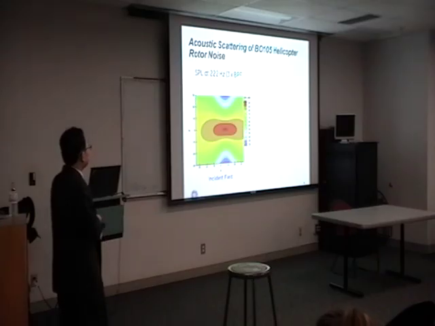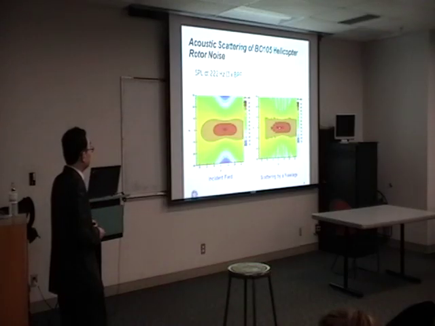This is the sound pressure level at 3 times the tail rotor blade passing frequency. For simplicity of the problem, I'm going to show you only the tail rotor problem. This black solid line is the projection of the tail rotor. You can see high noise level is of course in the tail rotor plane, and very low noise level at the side of the rotor.